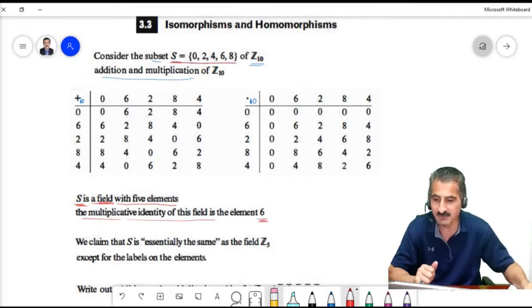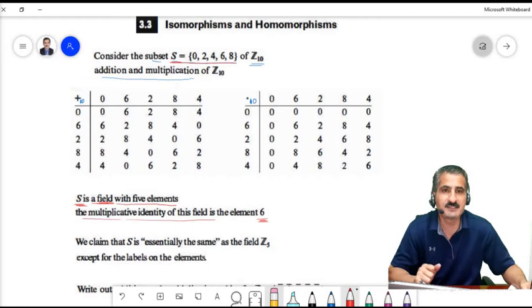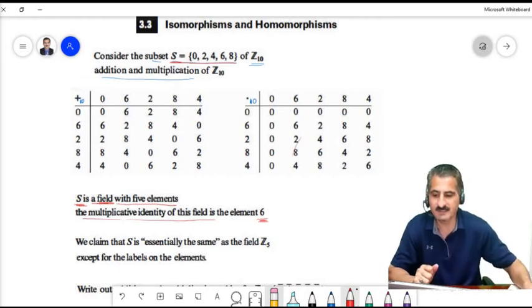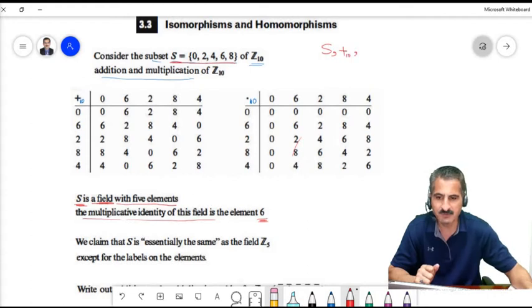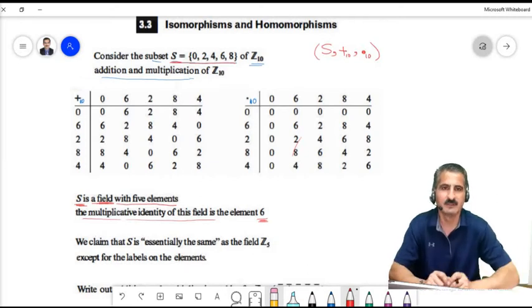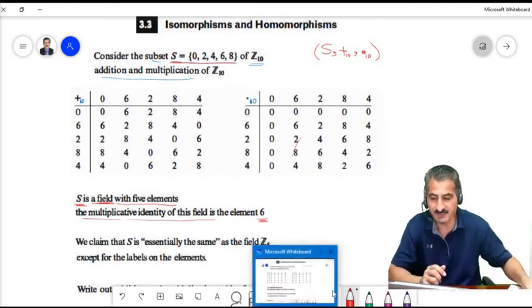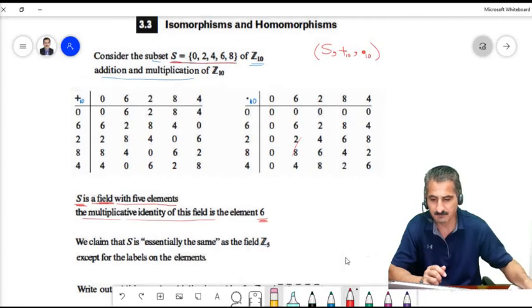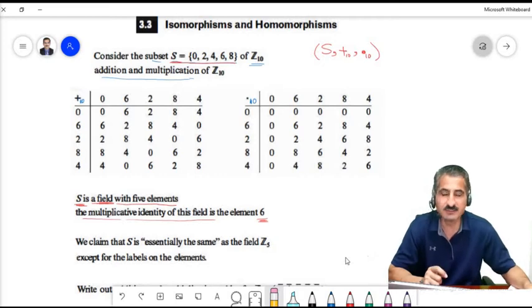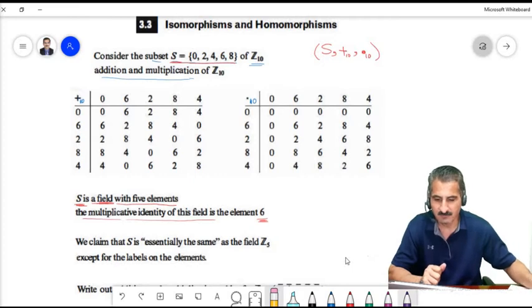Now this looks strange, I know. Try the axioms for the set S, with addition modulo 10 and multiplication modulo 10. If we check the axioms of the field, we will find that it gives a field indeed. For instance, 6 is the multiplicative identity. Is that correct? Watch out for the 6 here.